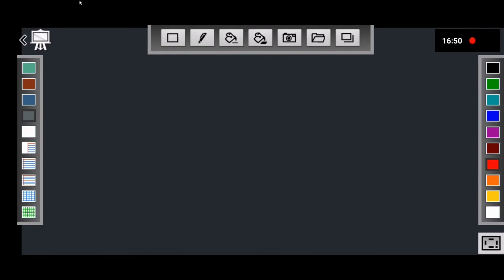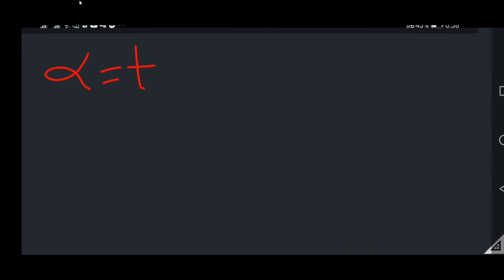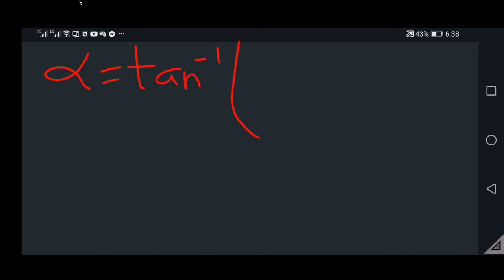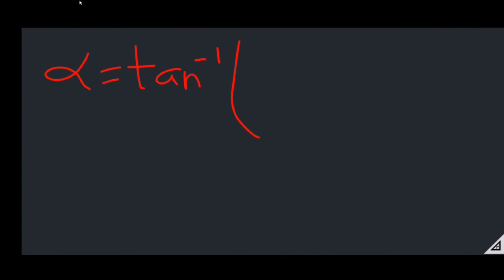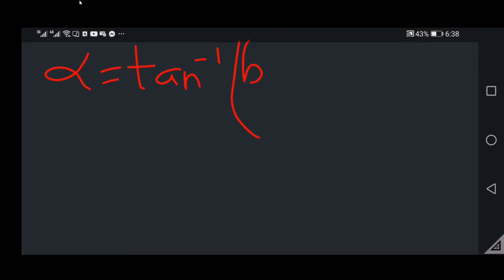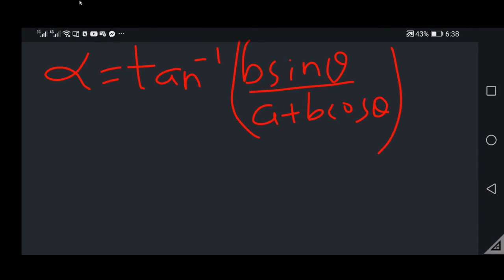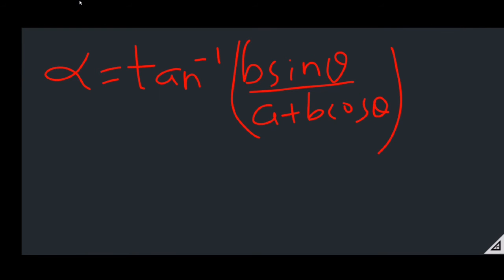So alpha equals tan inverse B sine theta upon A plus B cos theta. This is the direction of the resultant with A vector.